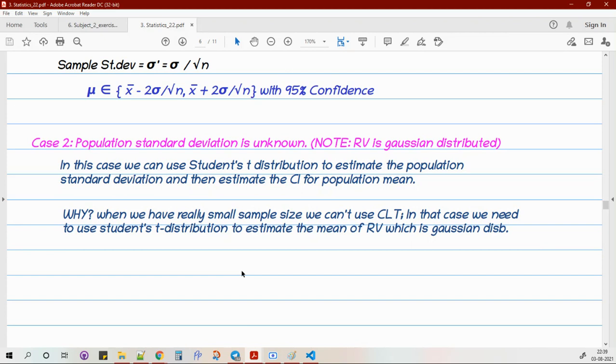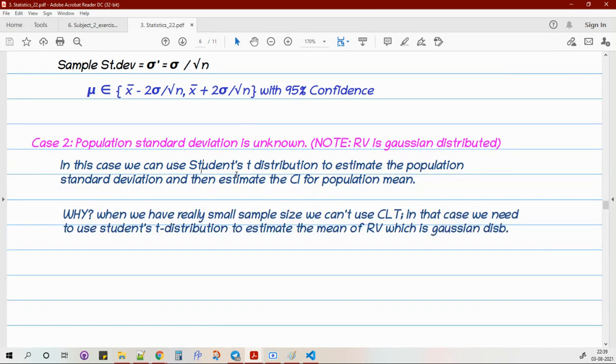Now what I will do is calculate the population standard deviation with the variance divided by n minus 1. I won't take n, I will take one value less than n, n minus 1. That's the whole idea behind the t distribution, and it works magically. I had shared that video also on the Khan Academy.